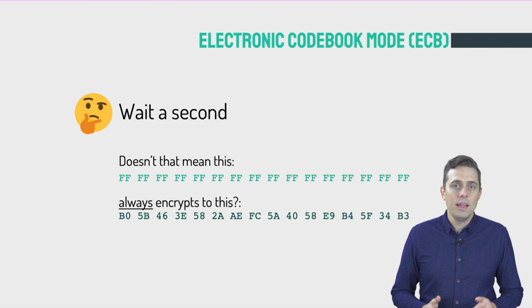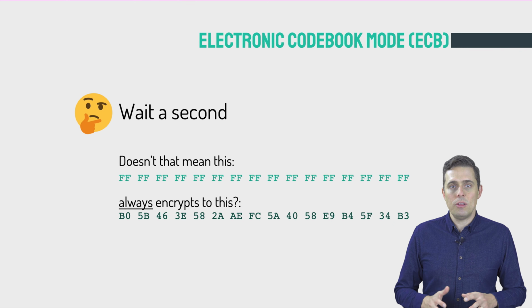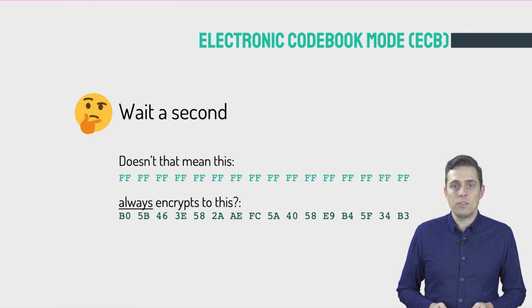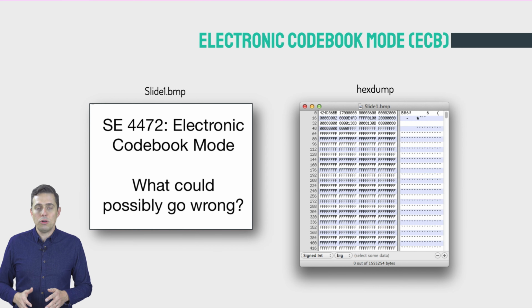Okay, but wait a second. If encryption is just simply a matter of taking blocks of data and then looking up the ciphertext in the codebook, then we have a problem, because every plaintext block will always encrypt to the same ciphertext block for a given key. So I'm going to show you an example of this limitation in practice. I'm going to take an image and encrypt it using ECB mode.